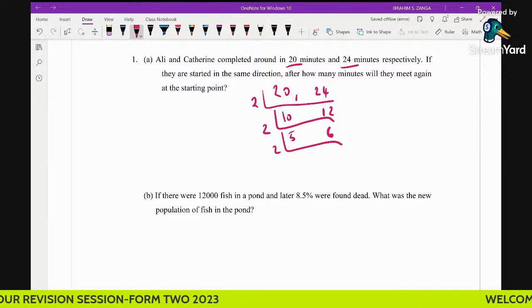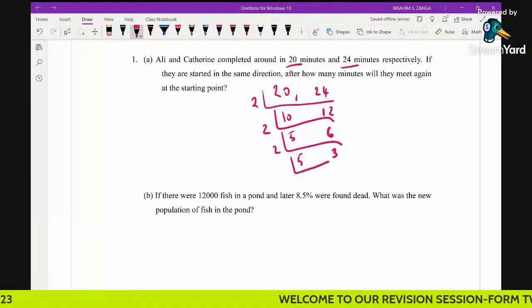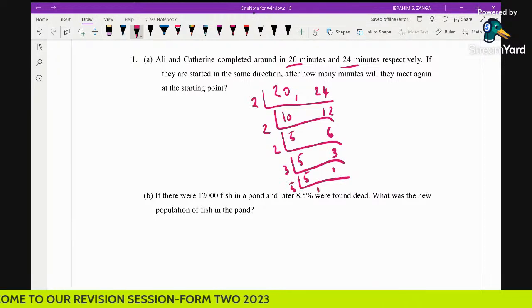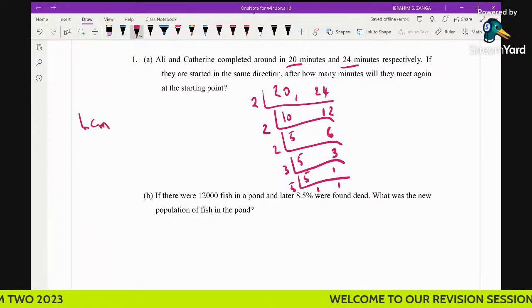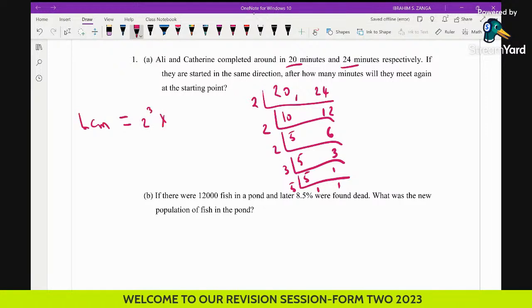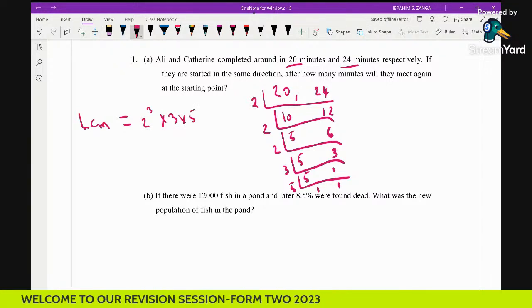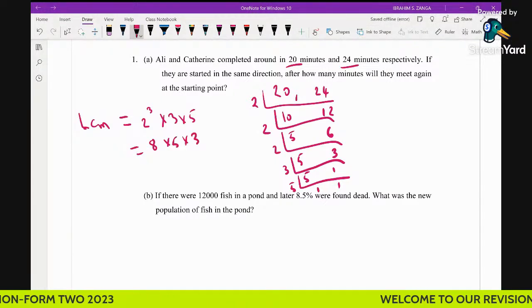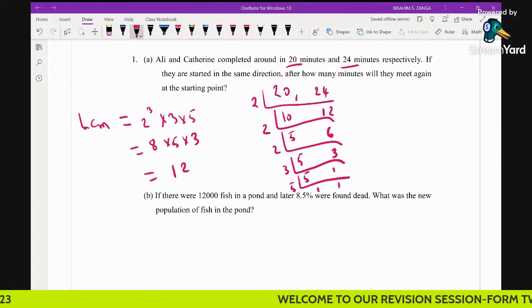By 2, we get 5 and 3. By 3, we get 5 and 1, and by 5, we get 1 and 1. So the LCM, dear students, will be 2 to the power 3 multiplied by 3 times 5. This is 8 times 5 times 3, and of course you get 120 minutes.